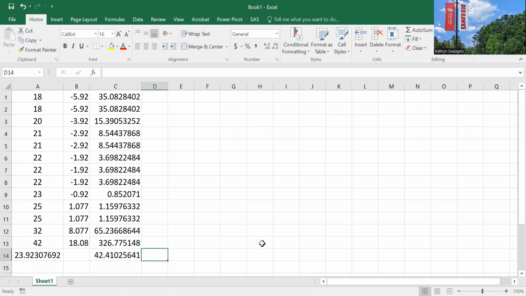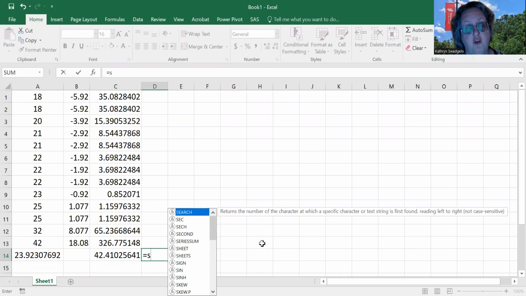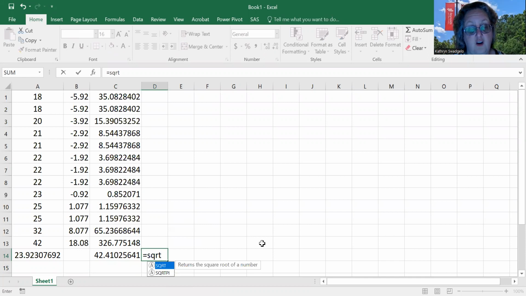So I am going to put equal here again, like we always put the equal. And we want to do the square root. So the way we do that is SQRT. And notice it even comes up showing that description. I need to put a parenthesis. And what is it I'm finding the square root of? I don't want to type that whole number. I'm just going to click on that cell.